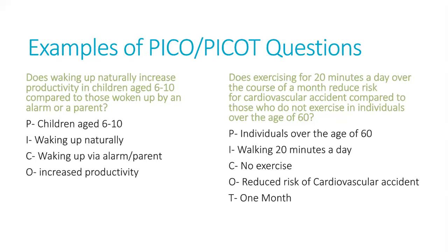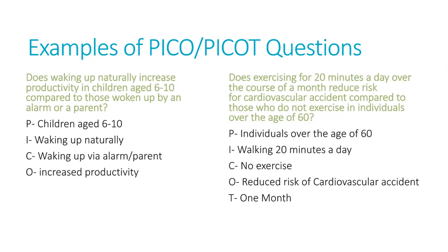When we add a time frame to it, it looks a little bit different, but still has most of the same elements. So for example, does exercising for 20 minutes a day over the course of a month reduce risk for cardiovascular accident compared to those who do not exercise in individuals over the age of 60? So a little wordy, but has all the elements that we need.